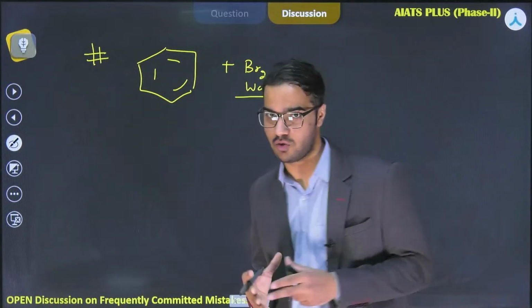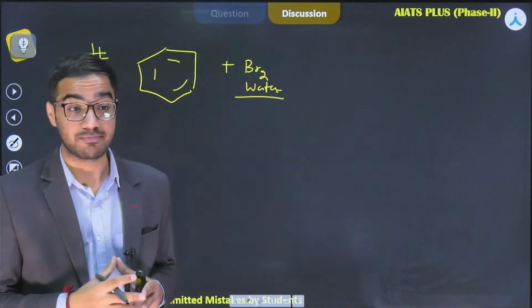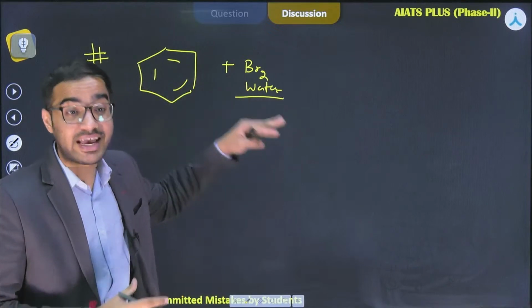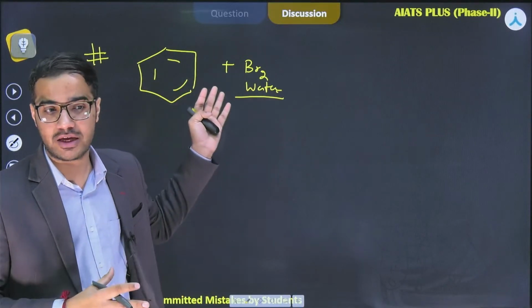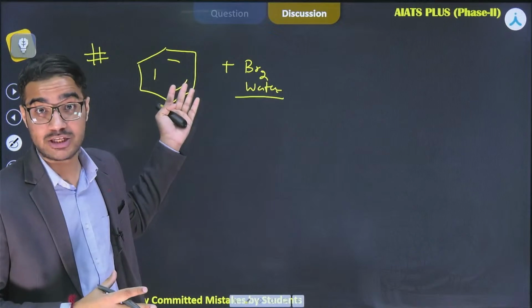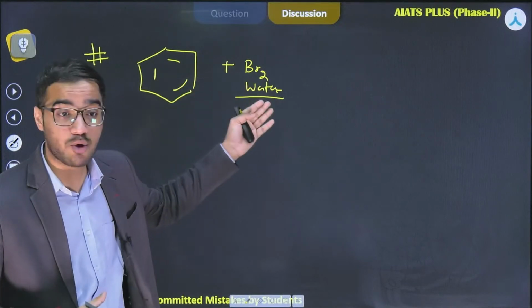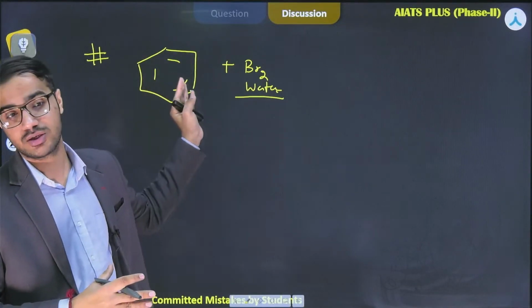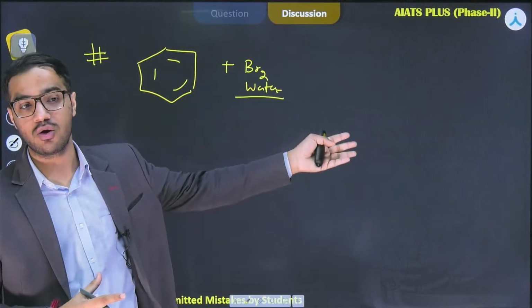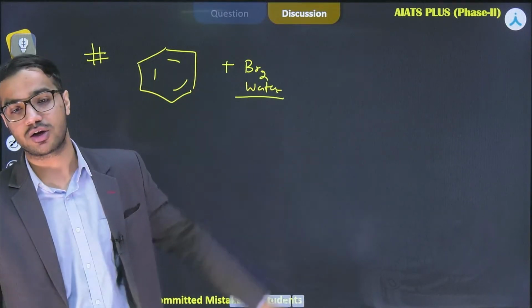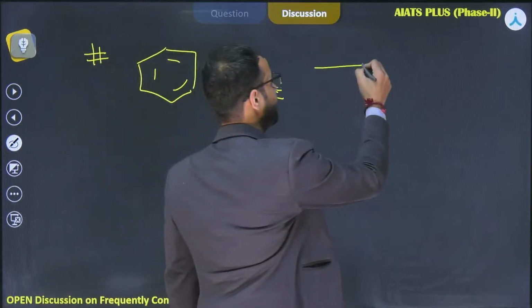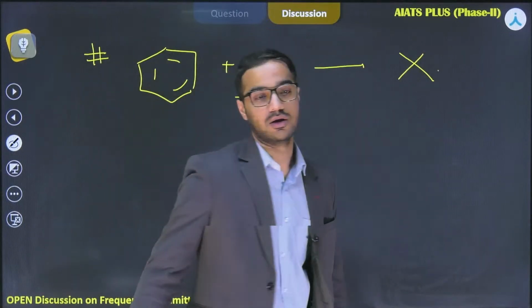Kind of reddish brown. When bromine water is added to benzene, there will be the presence of pi electrons, so bromine could add to this and form an addition product. But there will be no reaction in this part.